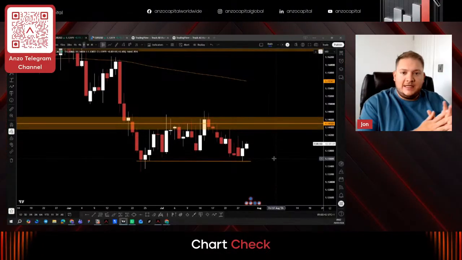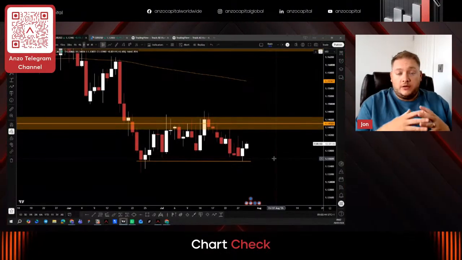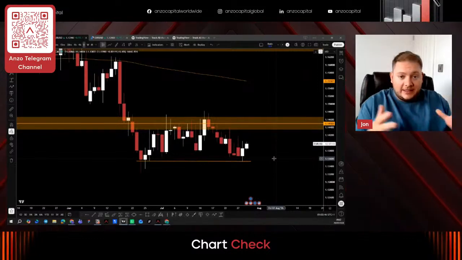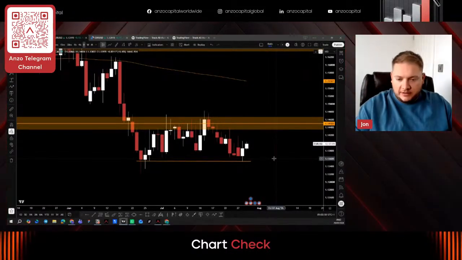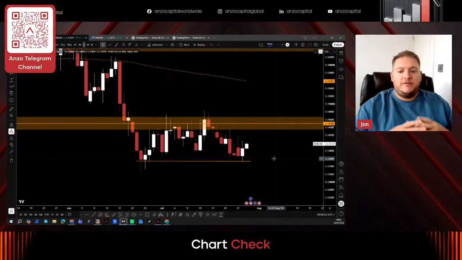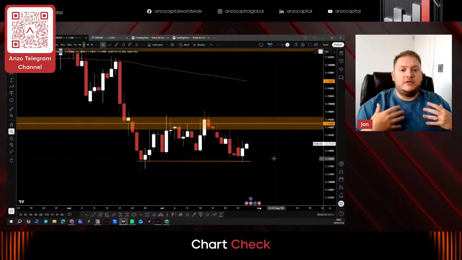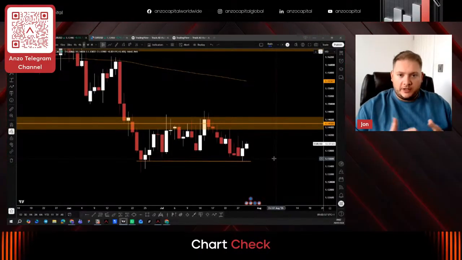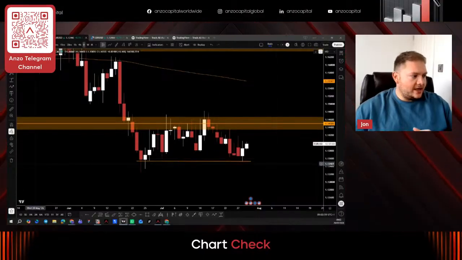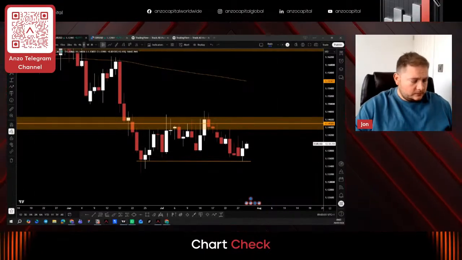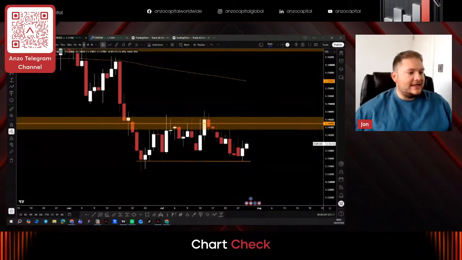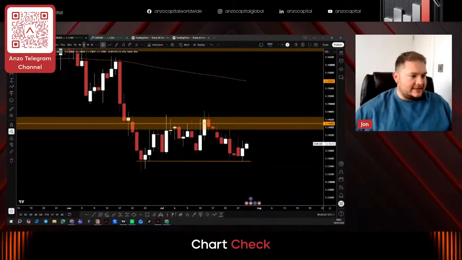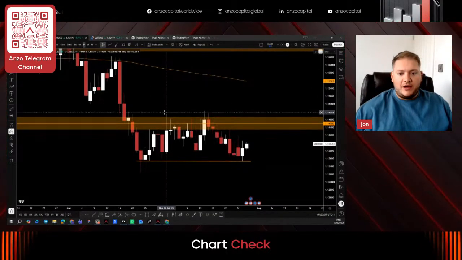Instead of there being a clear direction, a clear winner between, let's say, the euro and the US dollar, there is a sort of fair value being built. There's uncertainty between which one is stronger and which one is weaker at the moment. So when it comes to Euro US dollar, it's waiting for a catalyst, and that usually displays itself within a trading range.